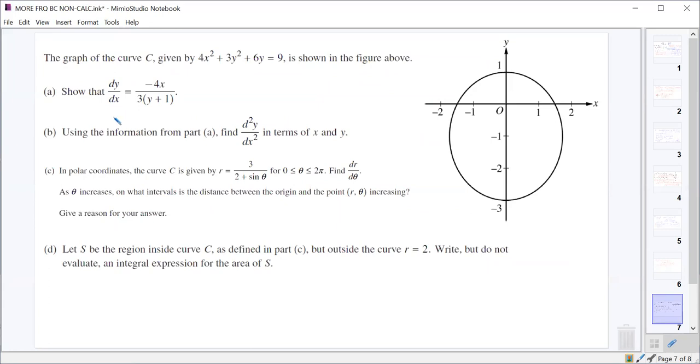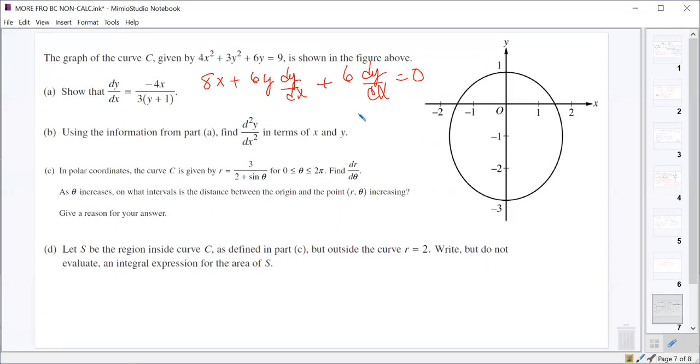And we want to show first off that dy dx is equal to this thing. So in order to show that, we're just going to differentiate implicitly. So 8x plus 6y dy dx plus 6 dy dx equals 0.